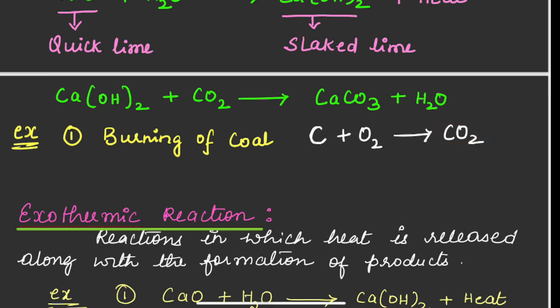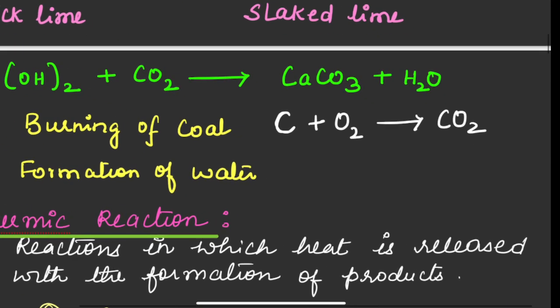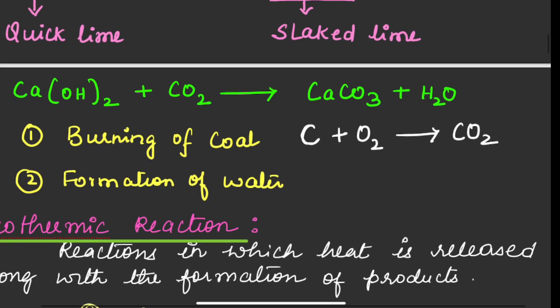Let us study one more example. The second example is formation of water. For the formation of water, what is the equation? Let us write hydrogen H2 gas plus O2 gas.